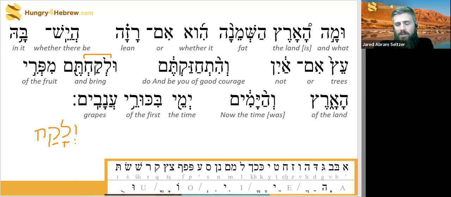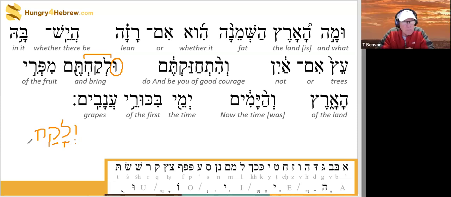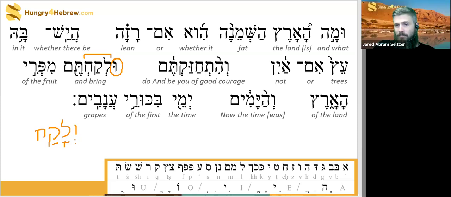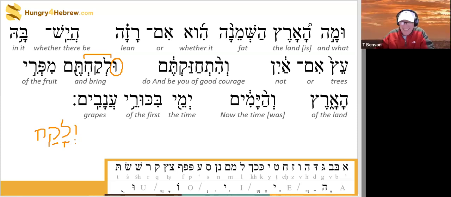So this right here is a vekatal. So it means, and you all shall take. And that u right there is what's flipping the tense. So by adding a vav to lakach, it changes it from he took to and he shall take. Got it. Perfect. Thank you. Imperfect, actually. Sorry, it's a grammar joke. Perfect, imperfect. Never mind. All right, I tried.